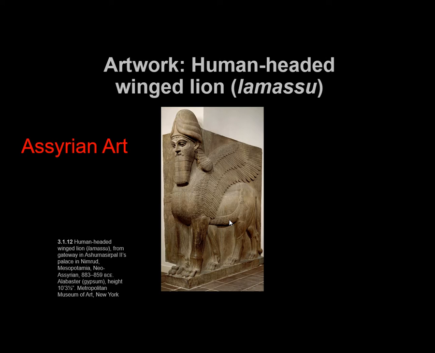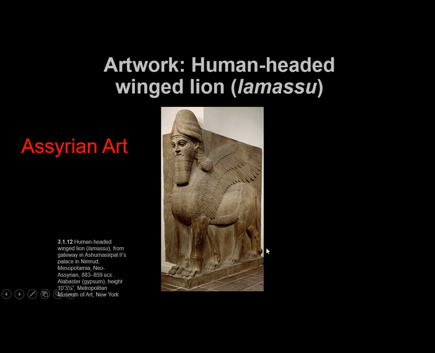All right, we're jumping way ahead here now to, you can see here, 800s BCE, and I'll just tell you that BCE, if you're not familiar with that, BC is before Christ, but this has been changed recently in history books for before the Common Era, to be more politically correct. This is called the Lamassu.